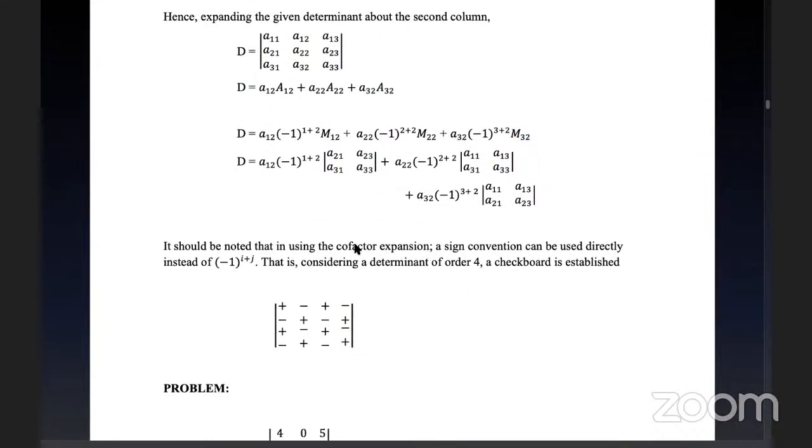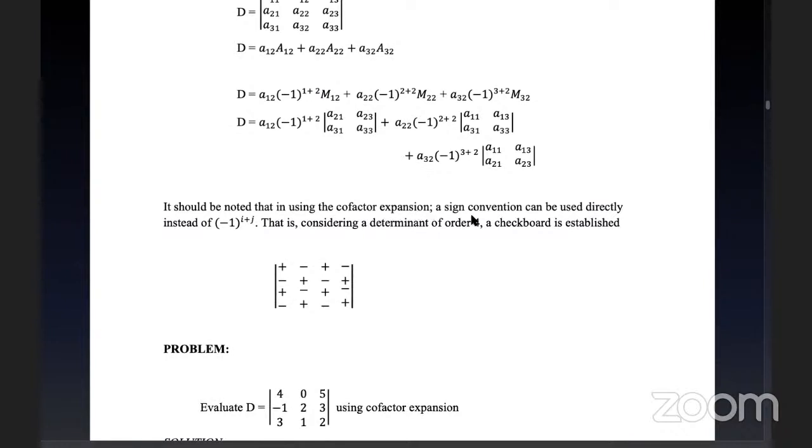It should be noted that in using cofactor expansion, we can use this sign convention: you start from plus. The element here is A11, right? So adding the subscripts gives 2, and -1 raised to 2 gives a plus sign. So plus, minus, plus, minus.